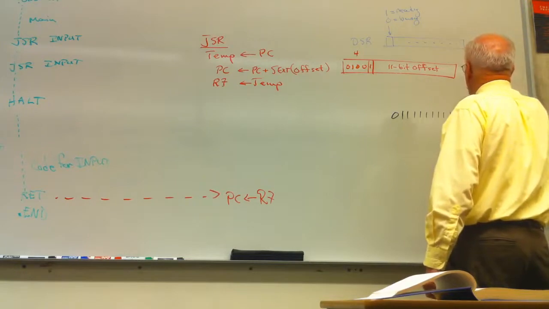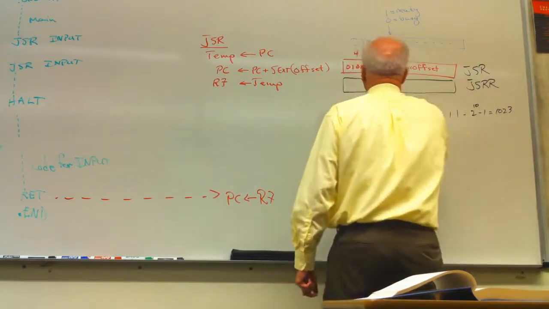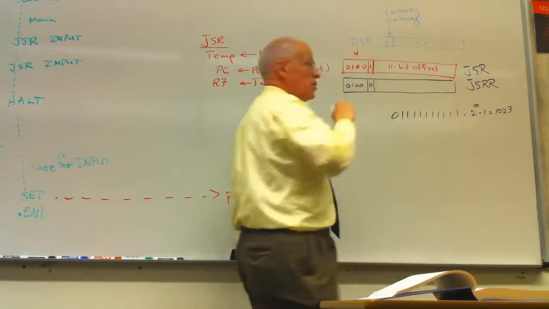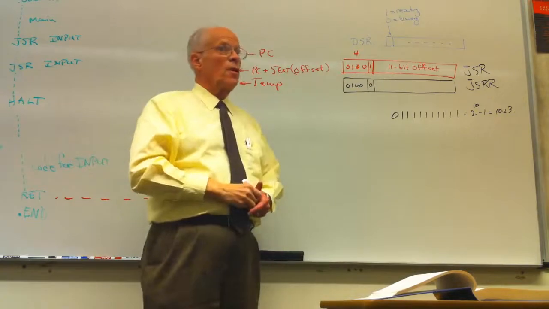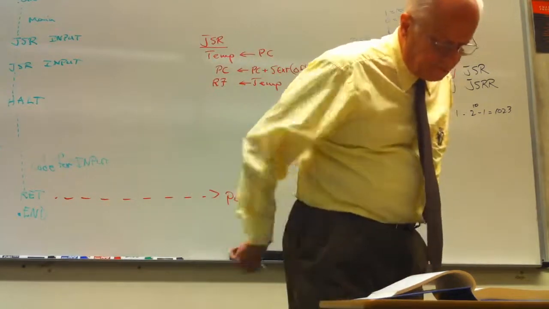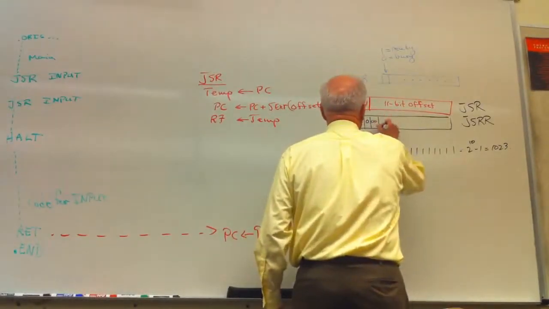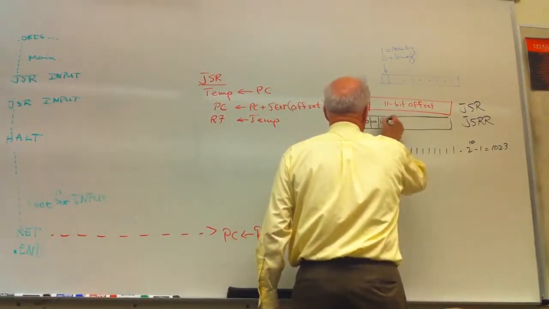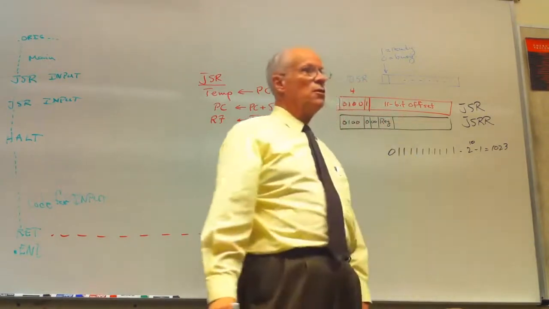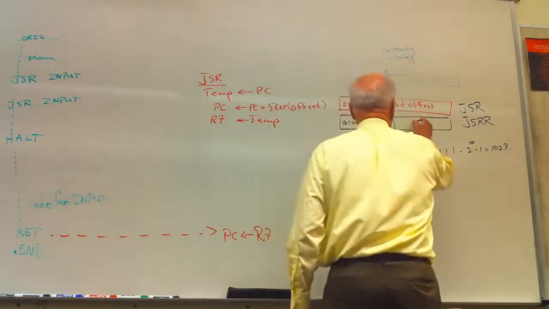There's a JSRR, which looks about the same, except that it has a 0 in here. And then we actually have 2 more zeros. And then you have a register number, 3 bits for a register number, and then the rest of them are all zeros.